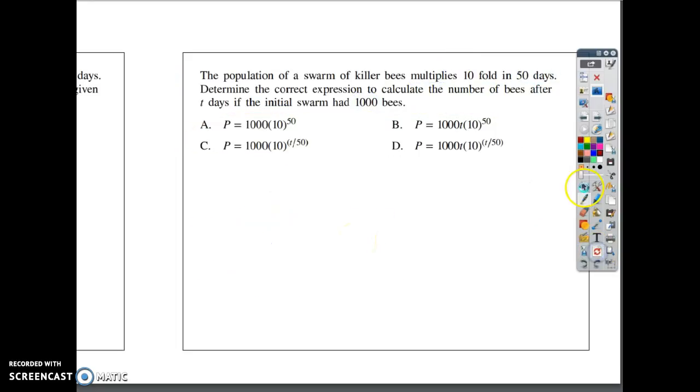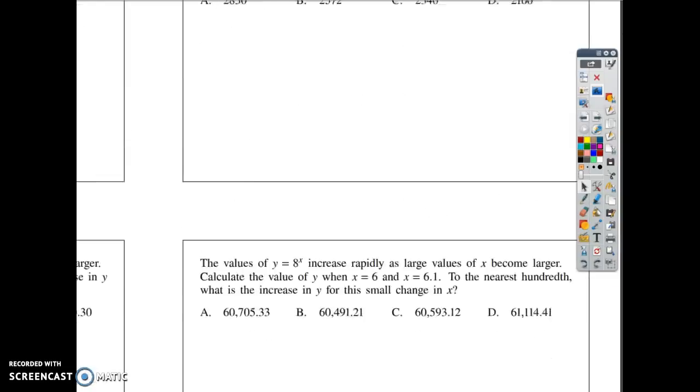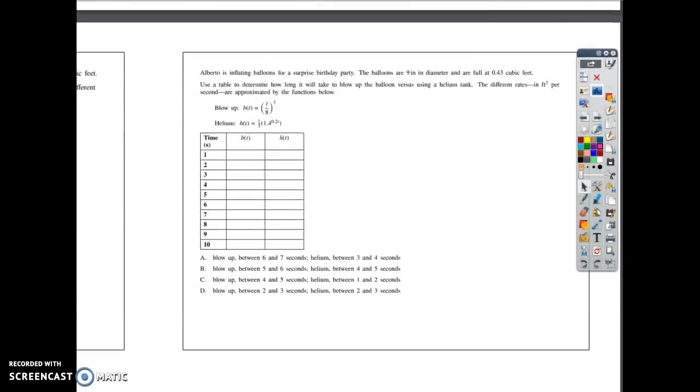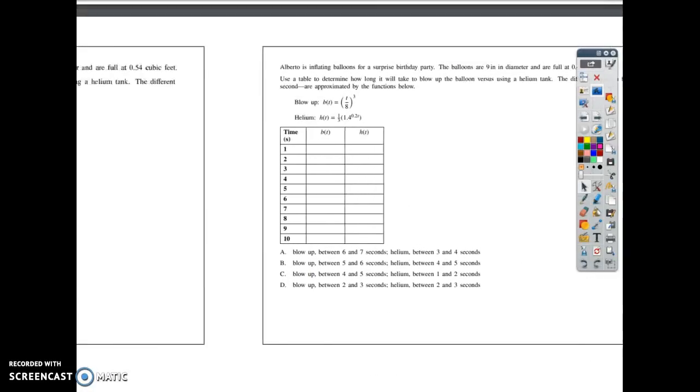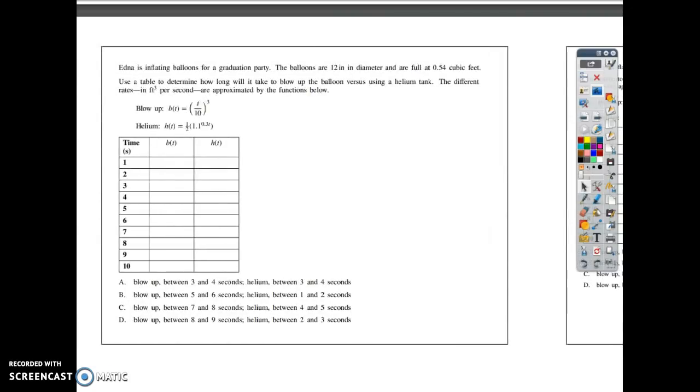Okay? Problem number 5. We're going to have to make a table. Where is it, right? This is 6. This is problem number 5. Edna is inflating balloons for a graduation party. The balloons are 12 inches in diameter and are full at 0.54 cubic feet.